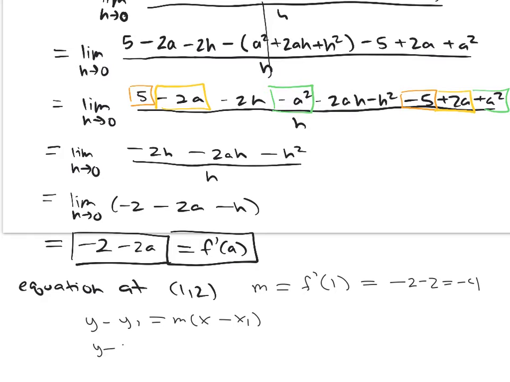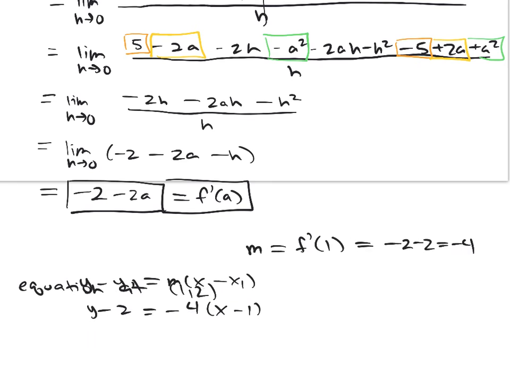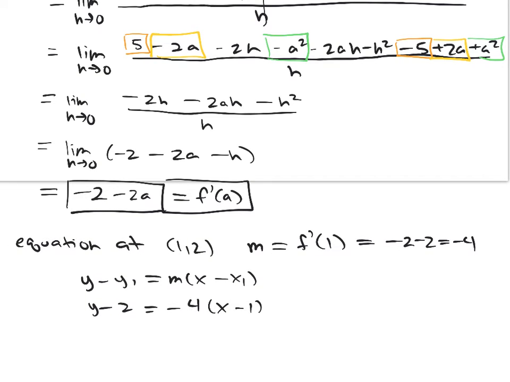So y minus 2 equals -4 times x minus 1. Or y equals -4x plus 6, I believe. Yeah. I did math in my head, so it's never a guarantee.